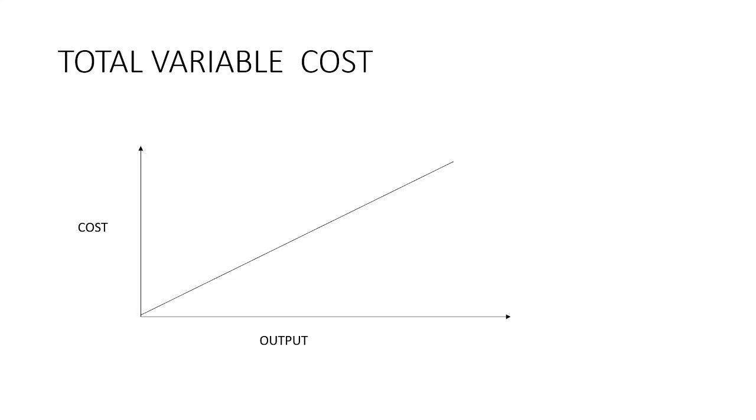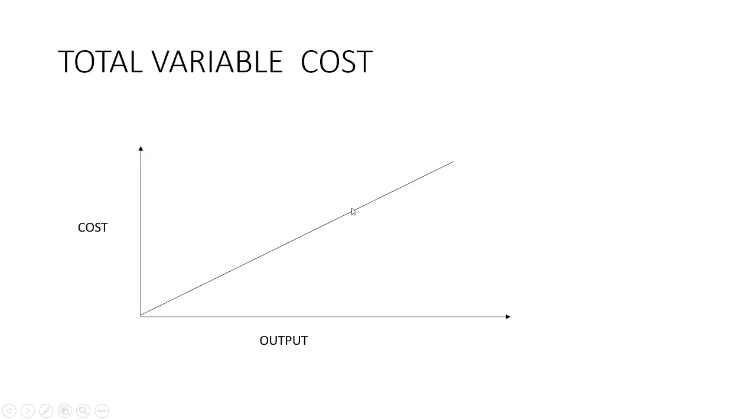This can be explained with the help of a graph. You can see the x-axis output is measured and in the y-axis cost is measured. So when there is no production, imagine there is no production, the total variable cost is 0. As the production increases, the total variable cost also increases.